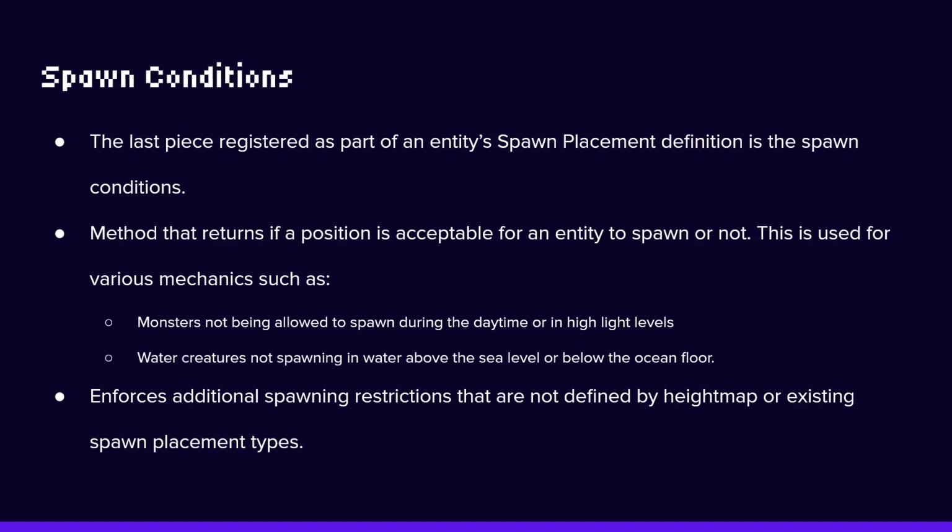Or like how animals can't spawn on slabs. It's a spawn condition. So it's very important that you don't forget these. So all it is is a method that returns if the position is acceptable for an entity to spawn or not. That's it. So you'd use lambdas or method references there. So it enforces any additional restrictions.